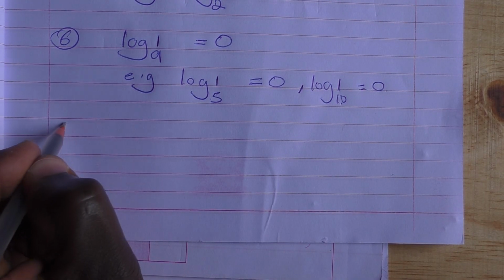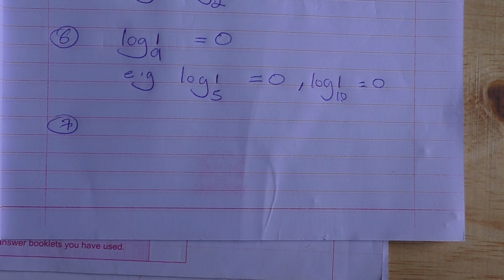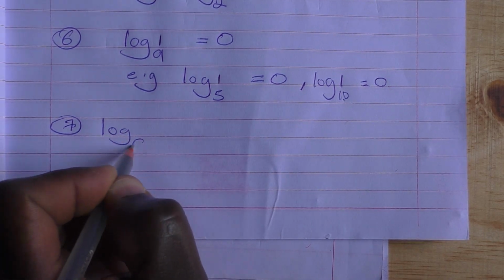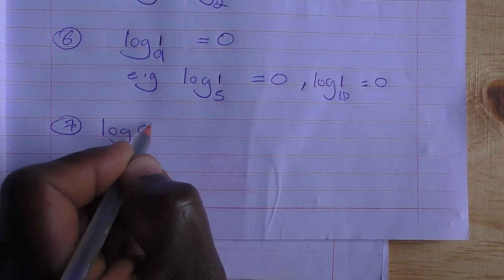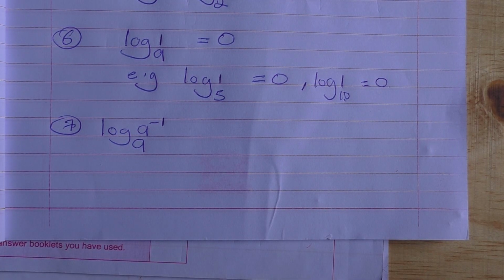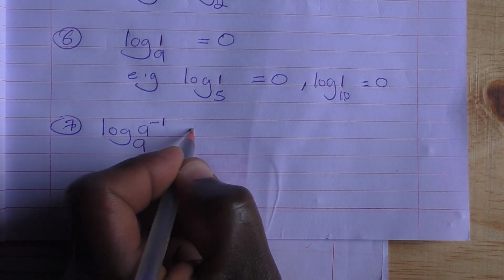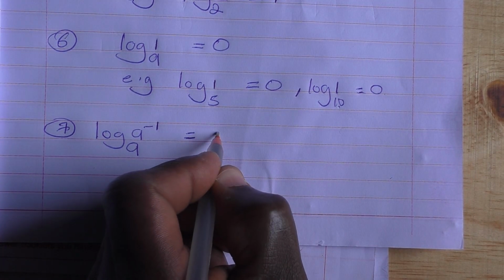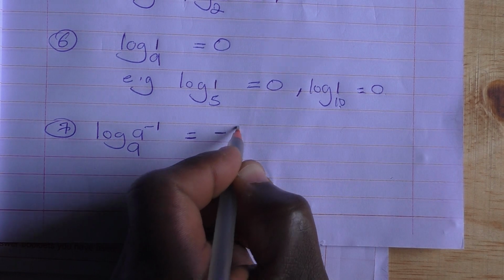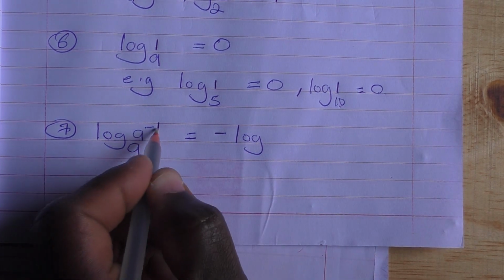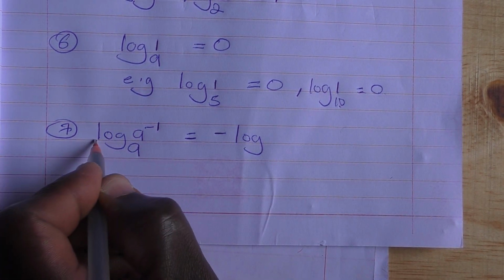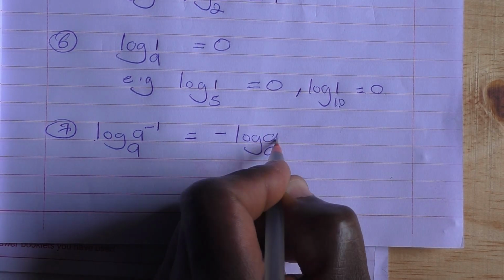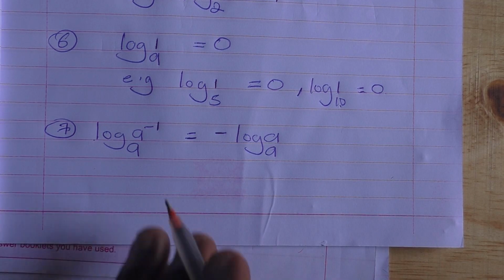Then our seventh law states that if I have log a power negative 1, then this equals to negative of log, because this power negative 1 will come down and we get negative of log a power a.